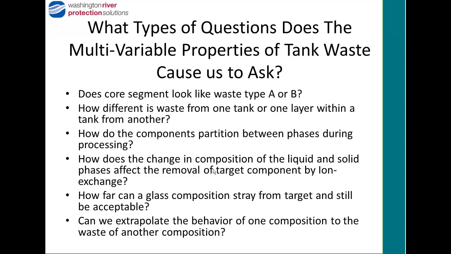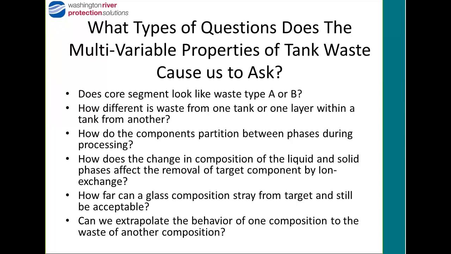You push a pipe into the waste and pull it out, and so you have composition as a function of depth at a single location. So you look at a particular core segment, a particular part of that segment. Does that segment look more like waste type A or more like waste type B? And how different is that waste in that layer in that tank from a similar waste of the same waste type in another tank? How do the components partition between phases when you process?